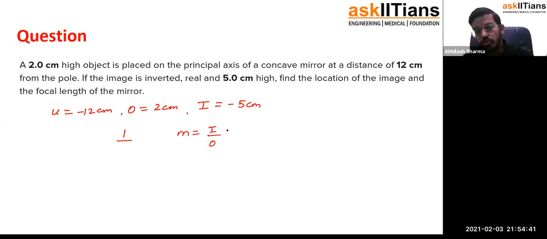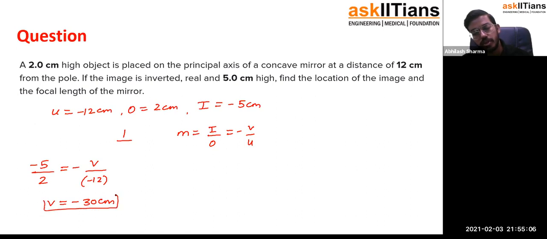I by O is negative v by u. So just apply that. It tells us image height, which is negative 5, over object height, which is 2, is equal to negative v, which we need to find out, over u, which is negative 12. So the first thing we obtain is the image distance, and that is negative 30 centimeter. So the first part is obtained from the magnification formula.